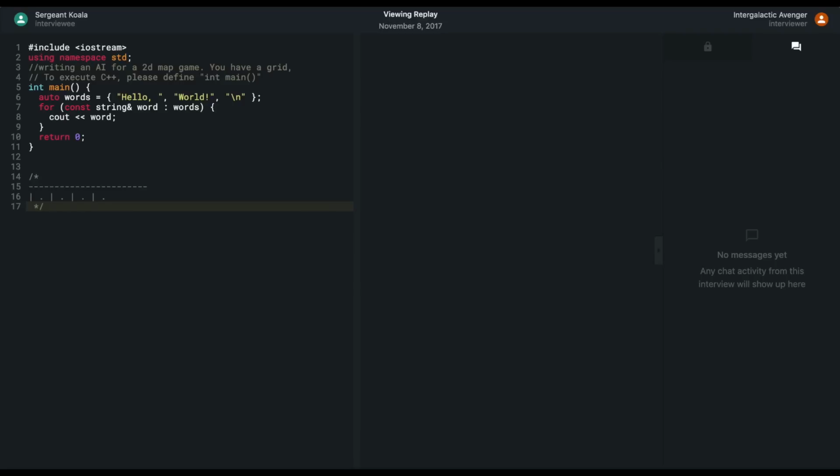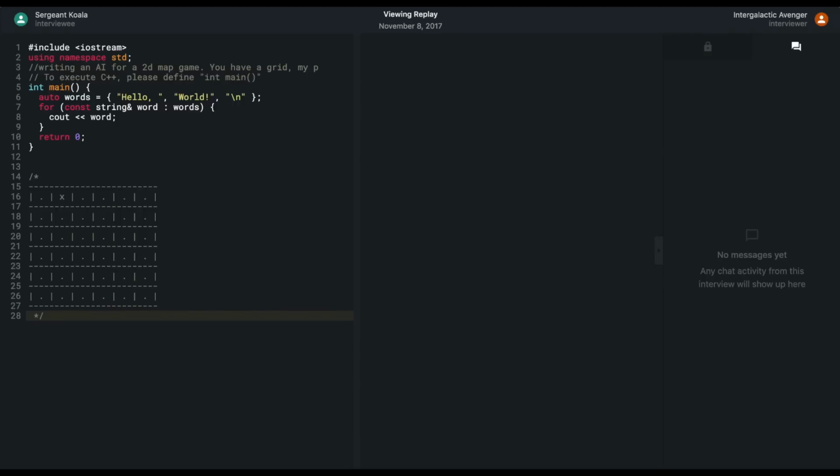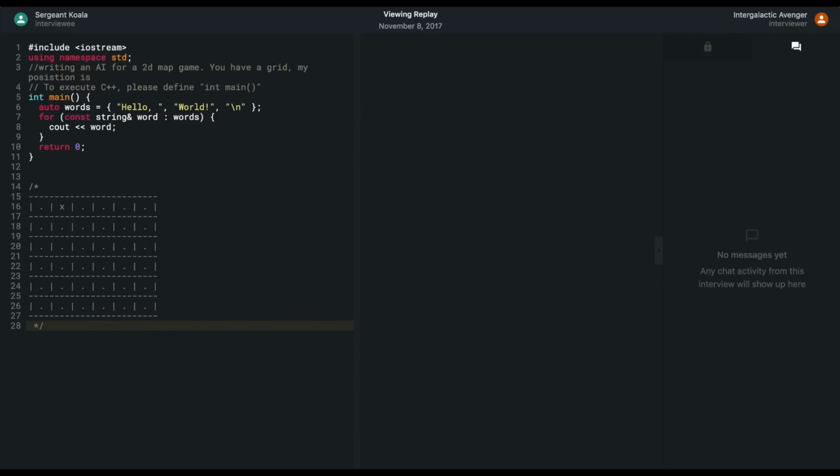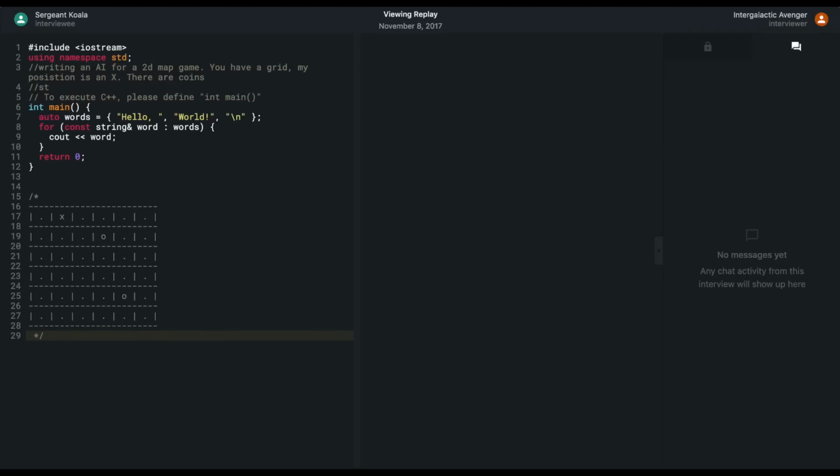So you're going to have this 2D grid that you can conceptualize, and you're going to have your position somewhere on that grid. And let's just say there are coins strewn about in the space, and you want to collect these coins.